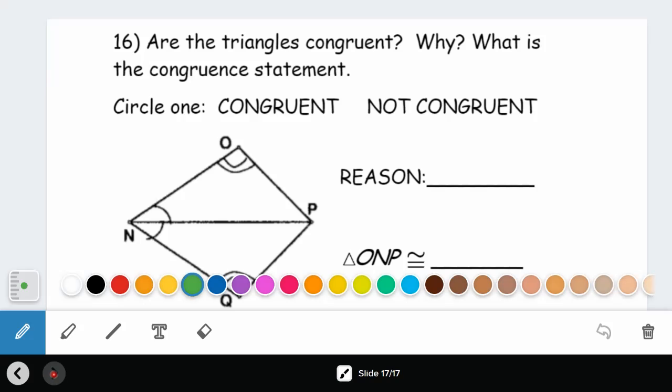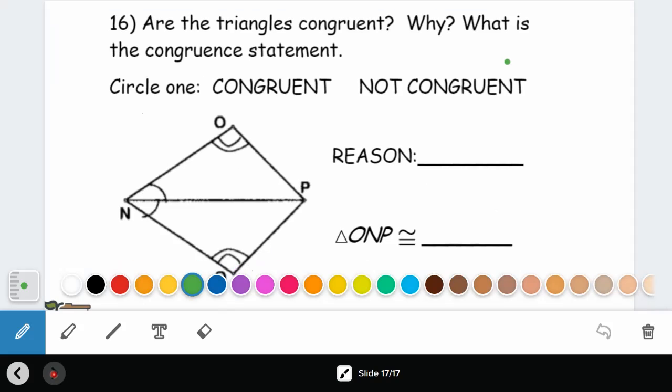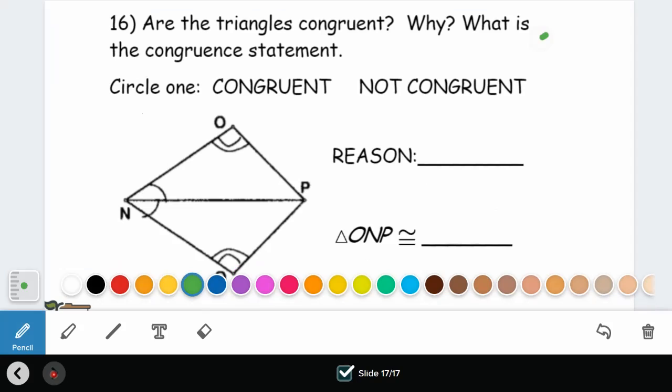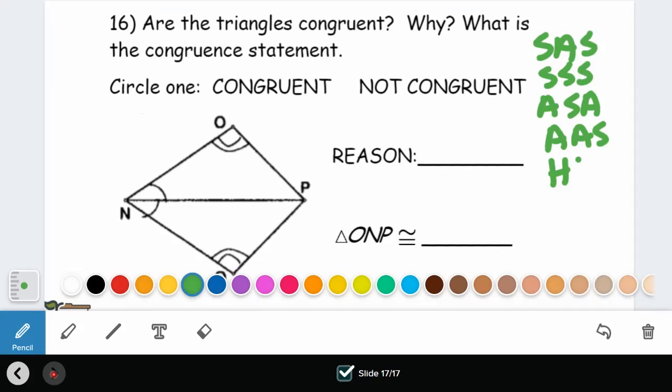This last one, just review of congruence, congruent triangles. So the formulas that we have, let me just kind of jot them here and then I'll talk about this. So we have side, angle, side; side, side, side; angle, side, angle; angle, angle, side; and then hypotenuse, leg.